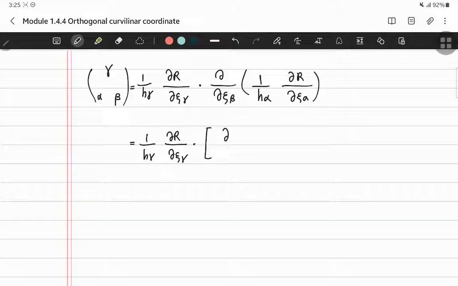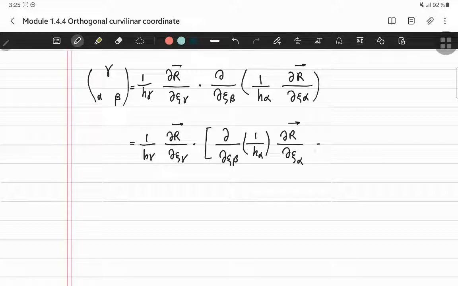So this becomes the partial derivative of the first one, H alpha, times the partial derivative of R with respect to Z alpha. And remember to put all these vectors here. I may miss it, but you should know that these are vectors.